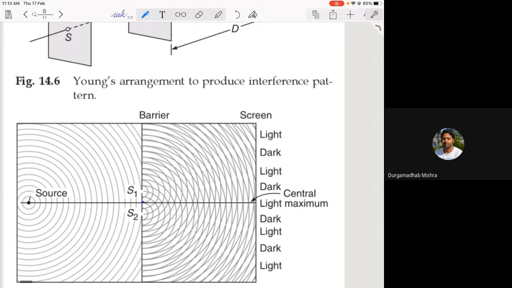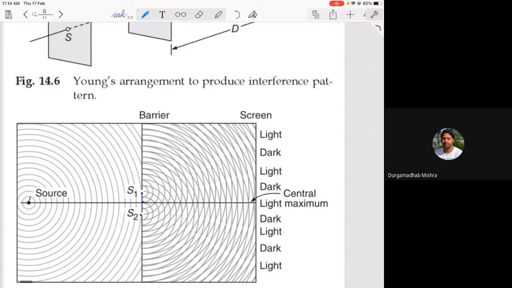Irrespective of that, you will get an interference. So each slit that the wave fronts encounter will act as a source itself of spherical waves, and now these two spherical waves from S1 and S2 will interfere with each other.